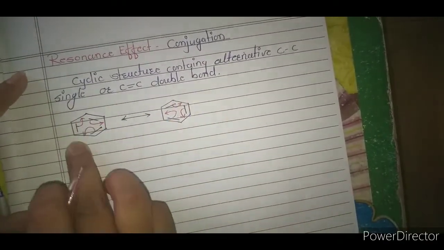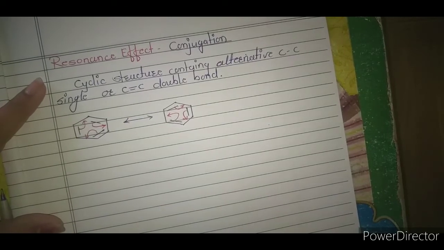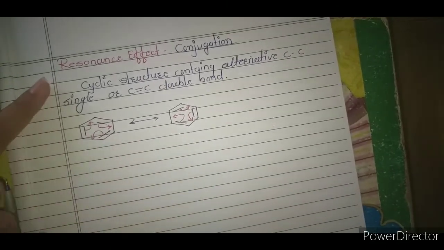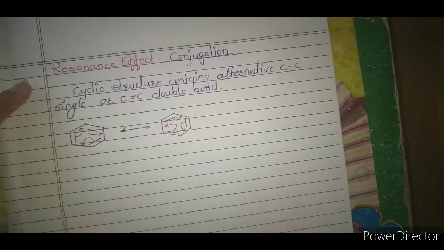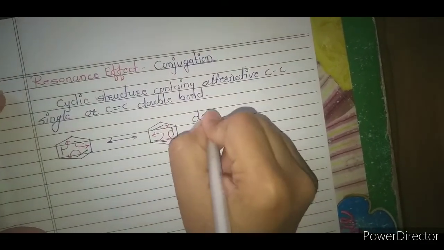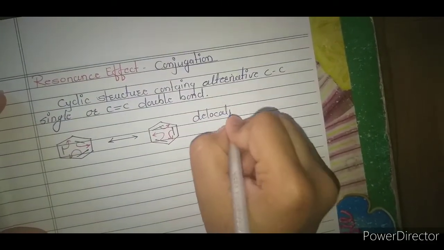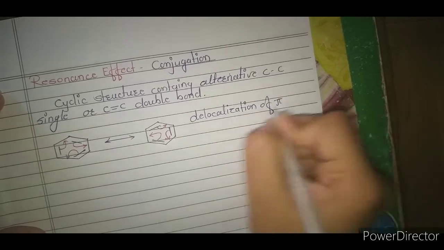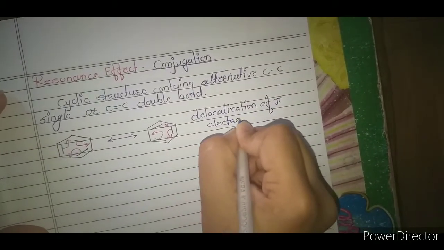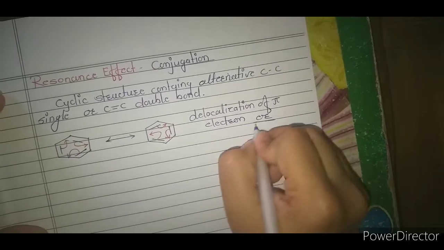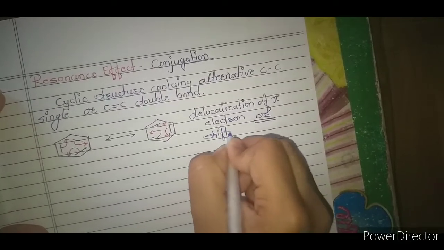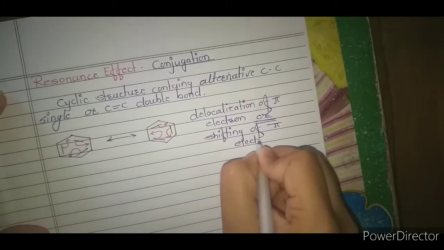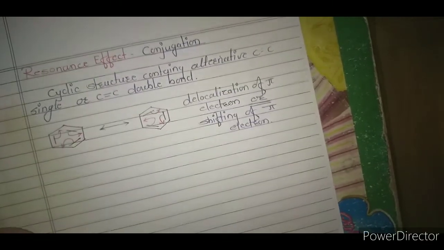In benzene, the delocalization or shifting of pi electrons takes place in the resonance effect. So it's called the resonance effect.